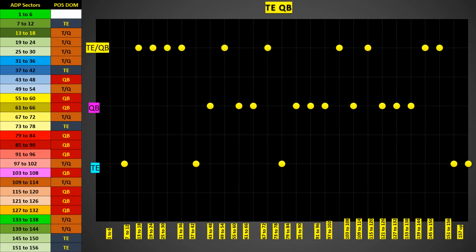Depending on how deep my bench is would probably direct how I plan to take a quarterback and a tight end. Certainly a slim bench is probably not going to have multiple tight ends and quarterbacks, right? A deep bench, you probably have more room for that.